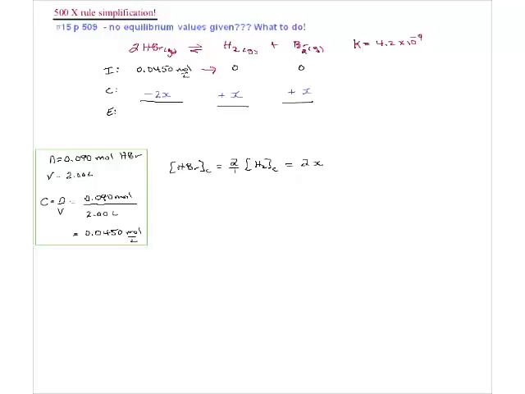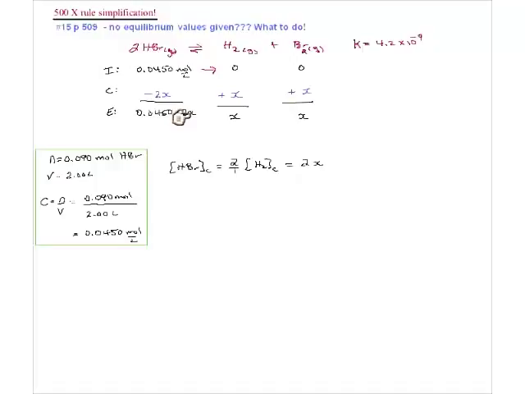So I would proceed here now to say, okay, well, what's the concentration of bromine? Well, it's going to be X at equilibrium. The concentration of hydrogen is going to be X at equilibrium. And the concentration of HBr, this guy's going to be a little more complicated. It's going to be 0.045 minus 2X at equilibrium. Now this is what we're talking about.